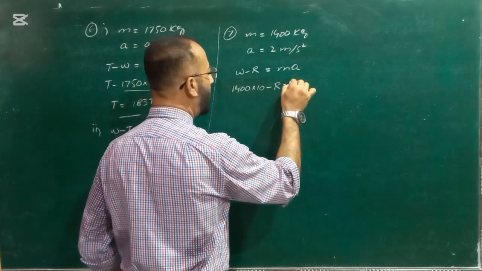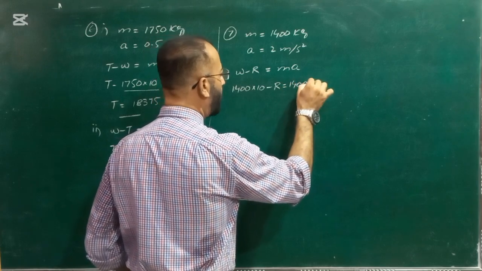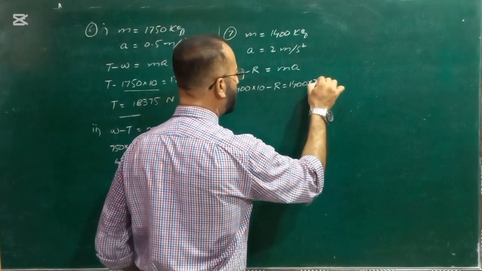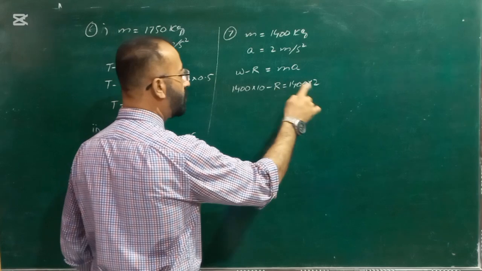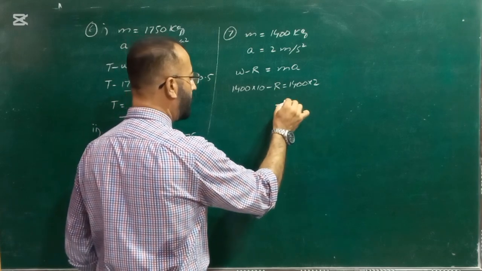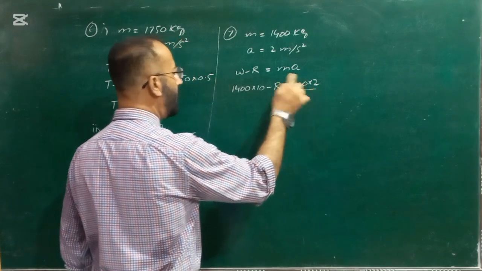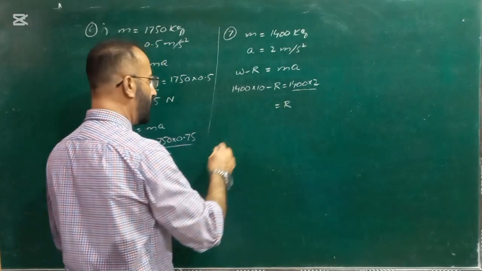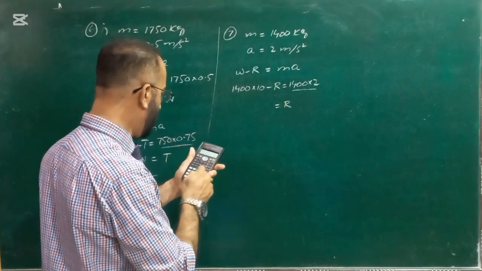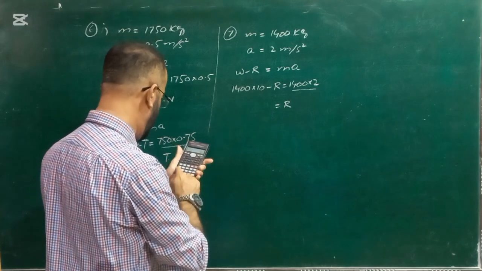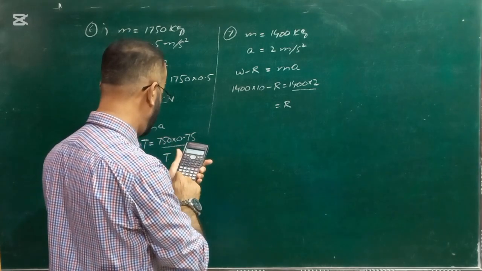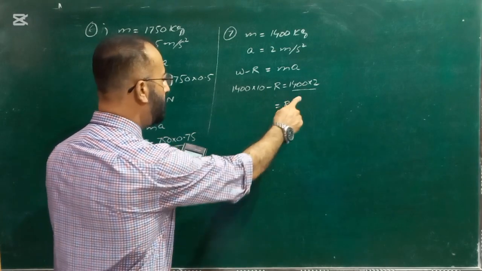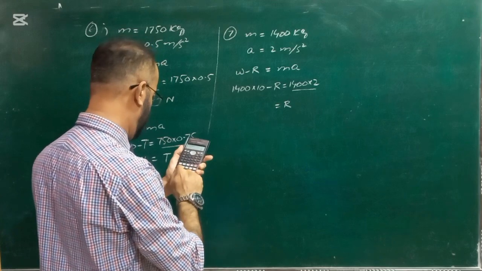M is 1400 and a is 2. So this R will go to the right hand side and this vector will go to the left hand side and will be subtracted from this vector. So solving it on the calculator now. 14,000 minus 2800.